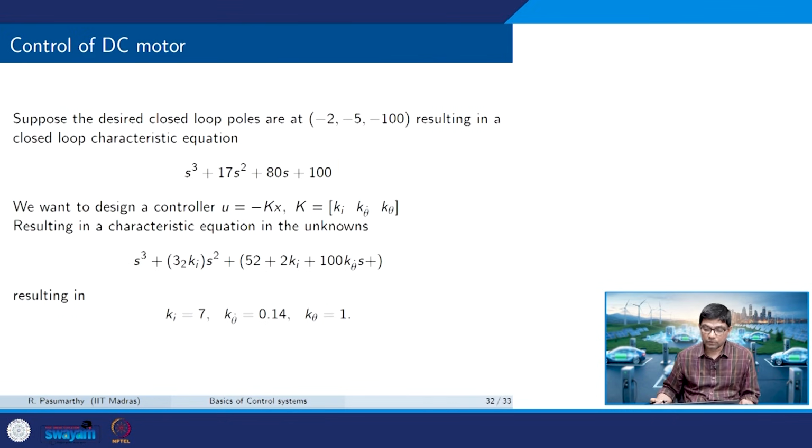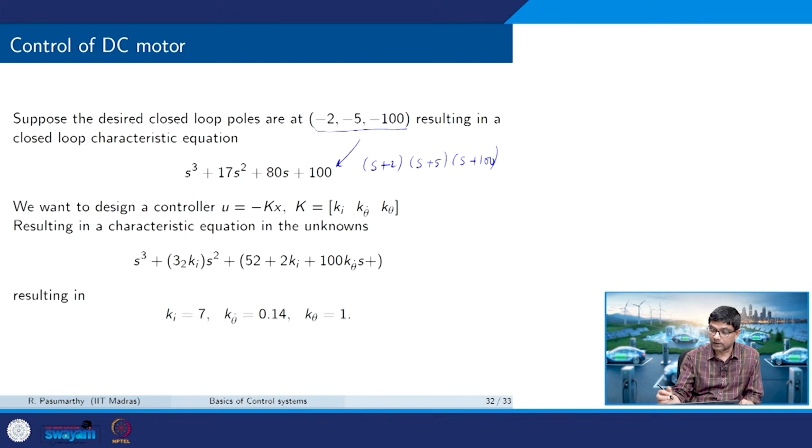Now, suppose the desired poles are at locations of -2, -5, -100. This will be the desired closed loop characteristic equation just by getting s plus 2, s plus 5, s plus 100. We can just check these computations again.